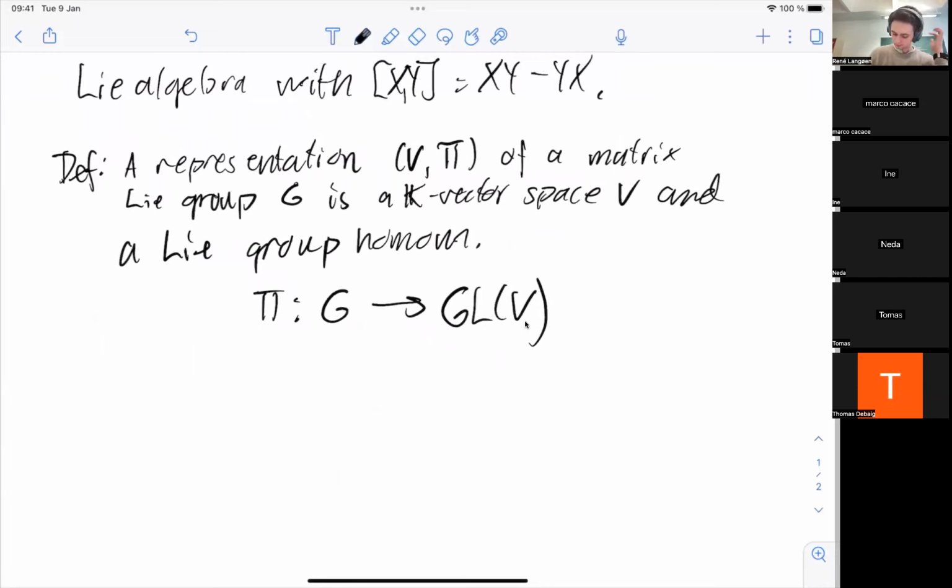So why is it called a representation? Because it means that you can take your group and represent it as acting on a certain vector space in a certain way. In this course we're only working with matrix groups, and then this sort of loses some of its effect because it's already represented as acting on a vector space, since it's already in matrix form.